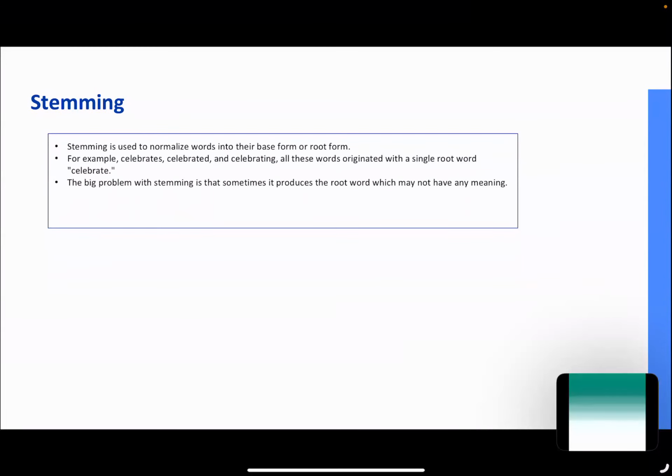After tokenization, the next step is to perform stemming. So what is stemming? Stemming, in simple words, is extracting a base form or root form from the word. Let's suppose in this example we have related words like celebrate, celebrated, and celebrating.